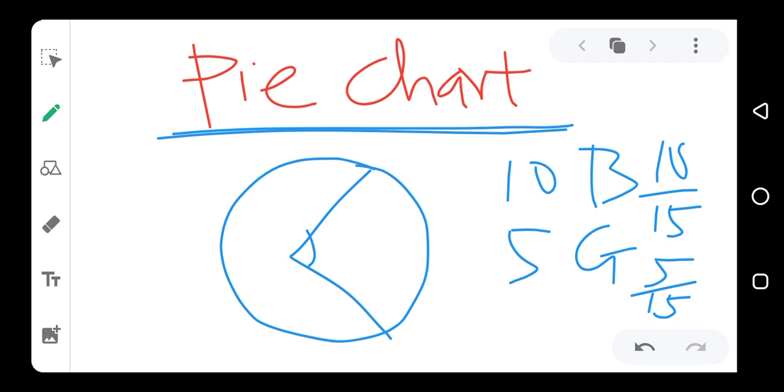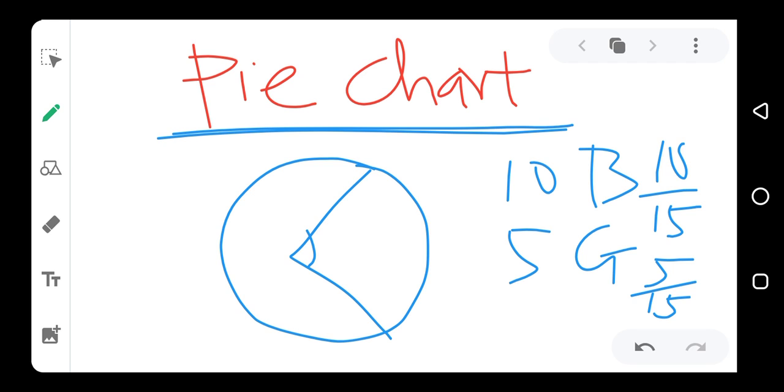So what we are now going to do is to multiply each of the ratios by 360. So when we divide 10 by 15, we times it by 360, and whatever we get, we use a protractor and carve it out from the circle.